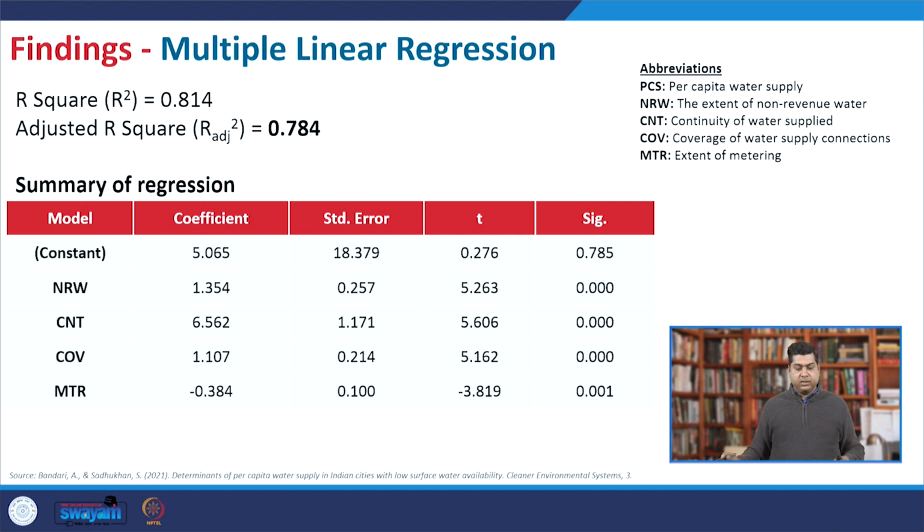Now coming to the linear regression in this particular case, based on the correlation table and all, what we finally found is that non-revenue water, continuity of water, the coverage of water supply connection and the metering are making some sort of impact. Here also we initially tried to develop with all the indicators, but then we found that they are not statistically significant.